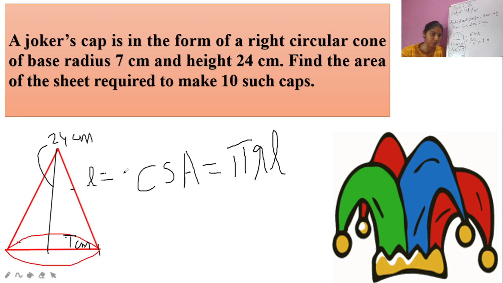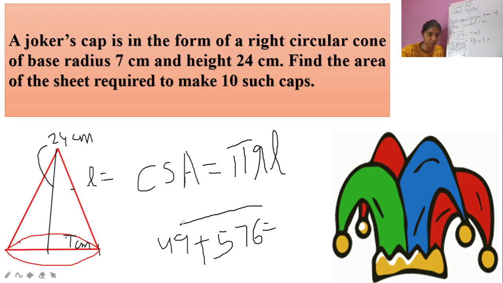Do you get 49 plus 576, right? So you tell me the answer and calculate the square root. Yes, we get 25 centimeter. So we get the slant height as 25 centimeter.